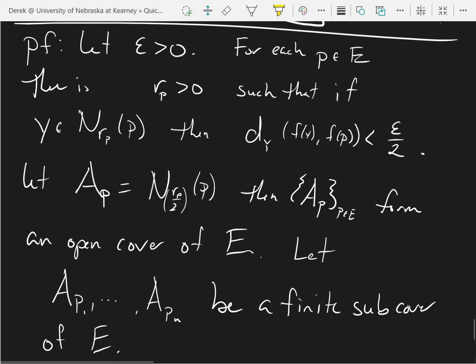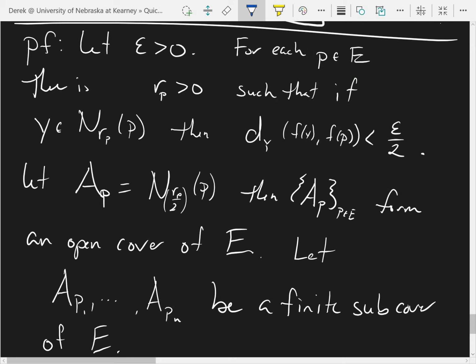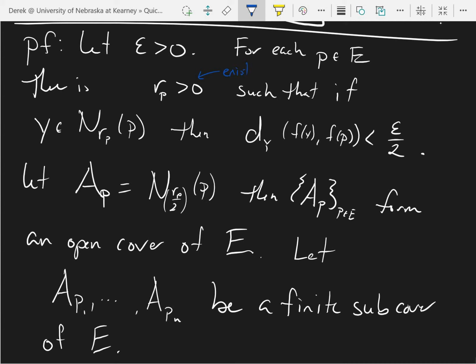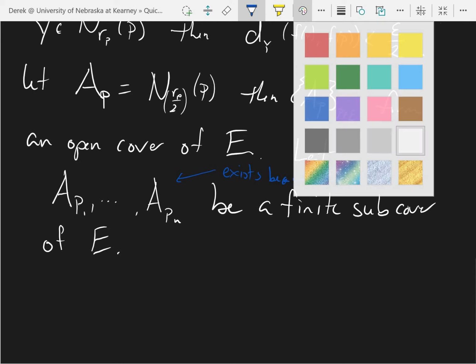Let me sort of make a couple notes here. Right here, this exists because f is continuous at P. This finite subcover exists because E is compact. Okay.